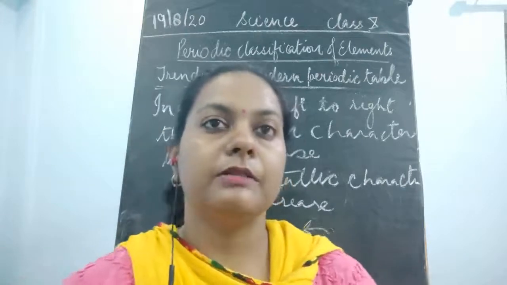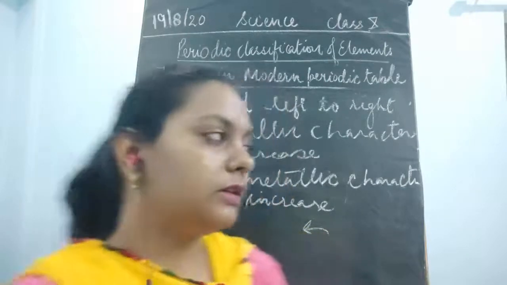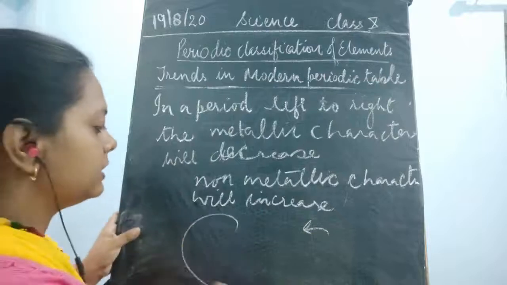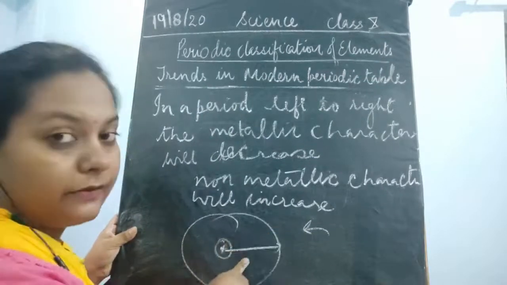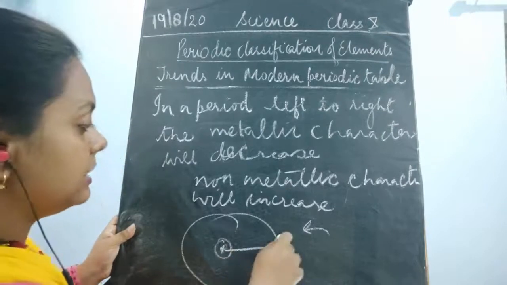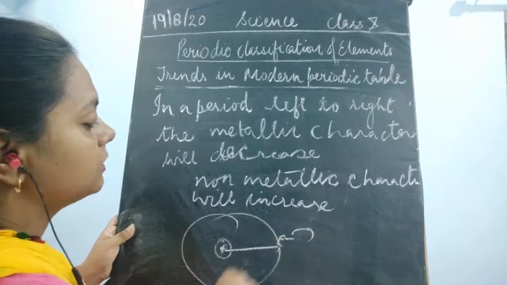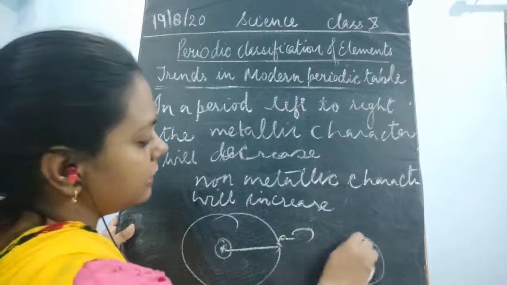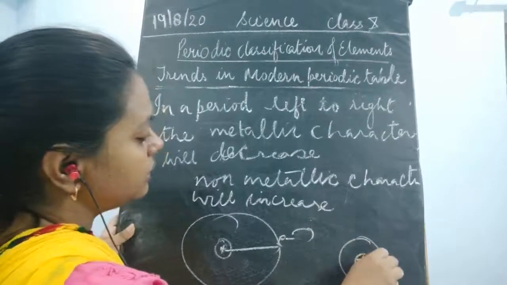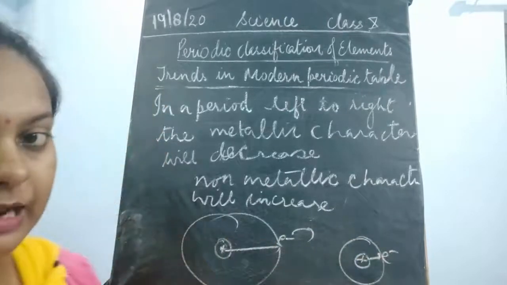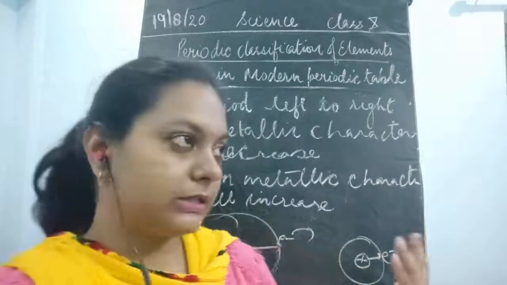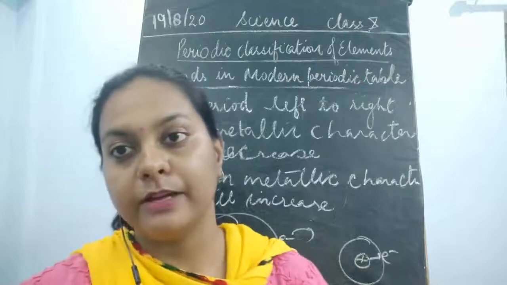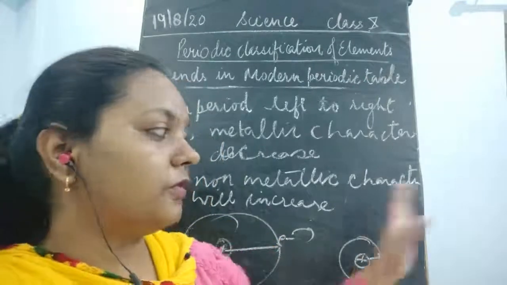This is a very simple concept: when the distance between the nucleus and the electron is very large, it is far away, then what happens? These electrons could be easily lost. Now, if the nucleus is very close to the electron, it is going to attract the electrons from the outermost shell, and they could remain bound with the nucleus for a longer time, and it becomes very difficult for the electron to move out.